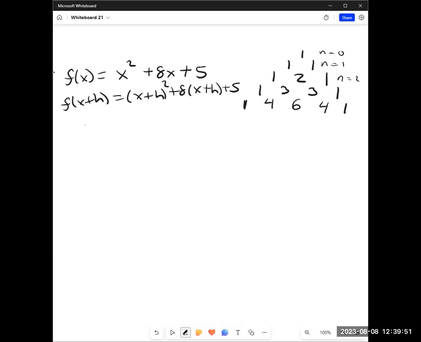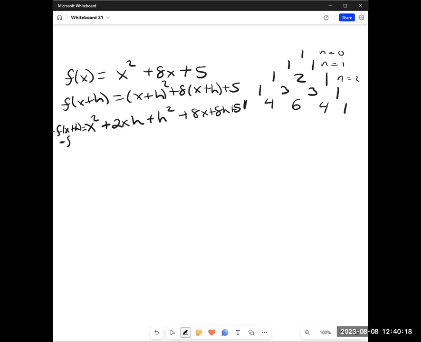I'm going to have a 1x squared plus 2, and I'm going to take an x away and add an h in, plus 1 of, I'm going to take an x away and add an h in, like that, plus 8x plus 8h plus 5 is what my f of x plus h is.